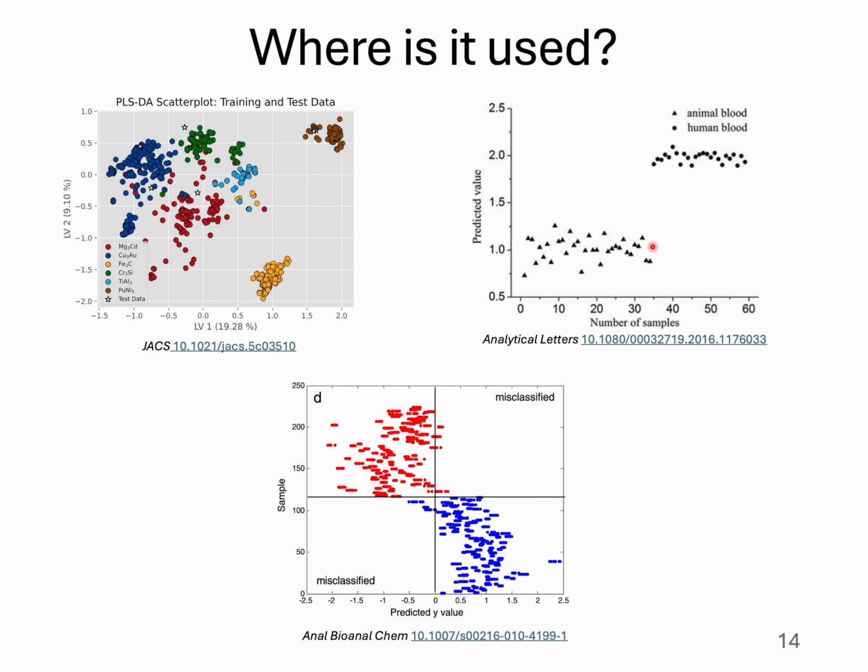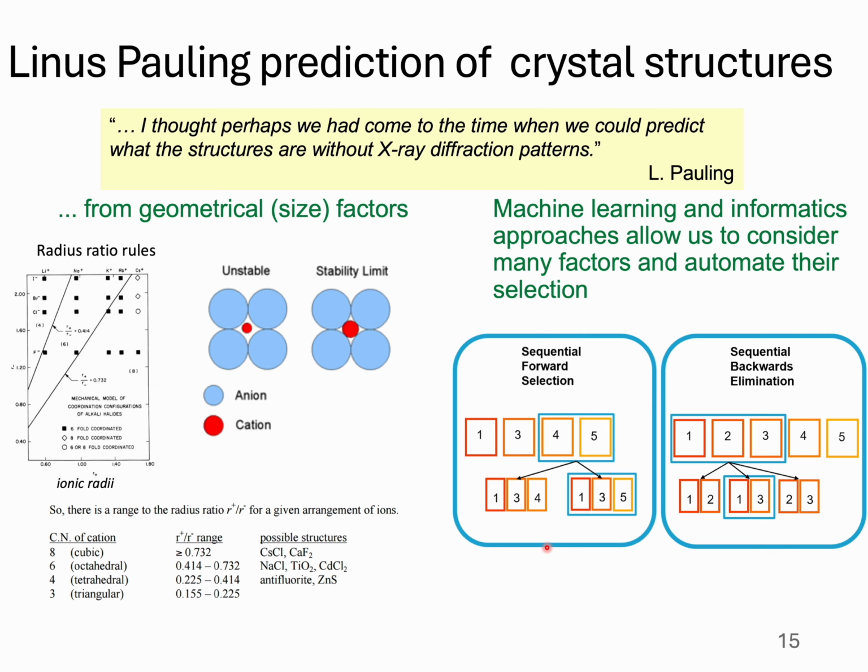They use just 2 classes. Like here, they try to separate animal blood from human blood, and here they try to predict the species of some trees from the genes or something like that.